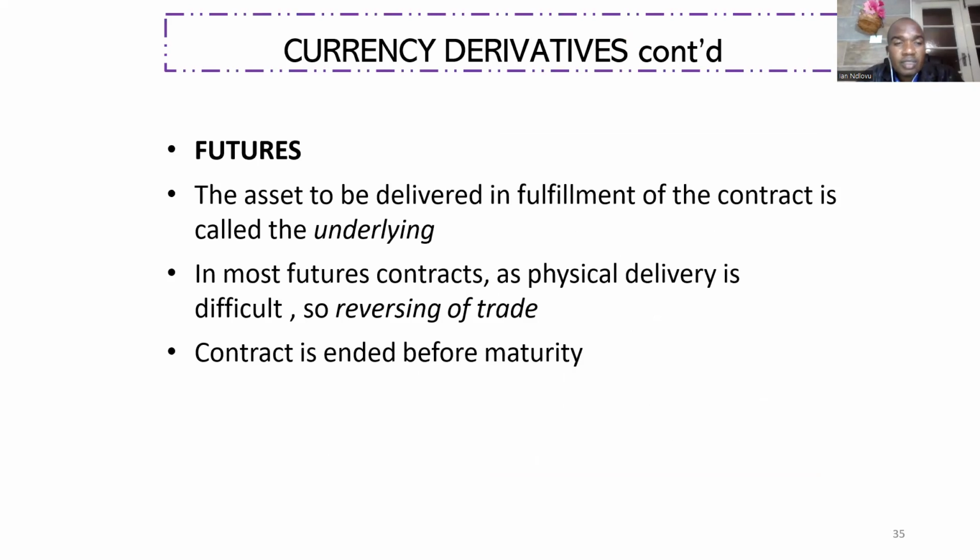Now, when you are looking at a future, this is an asset to be delivered in fulfillment of the contract. The asset to be delivered in fulfillment of the contract is called the underlying. In most futures contracts, as physical delivery is difficult, there is reversing of the trade, so the contract is ended before maturity.